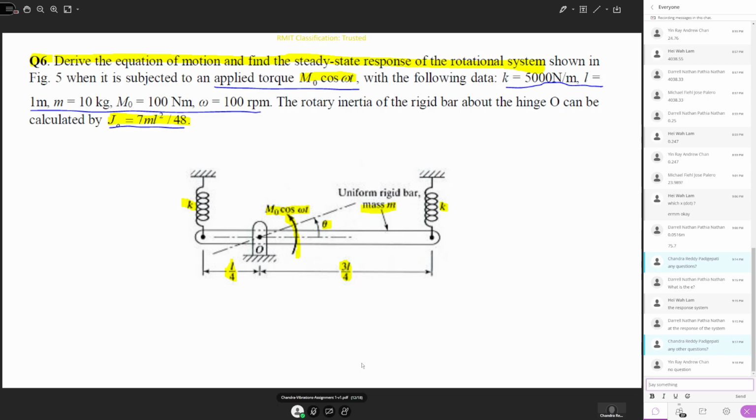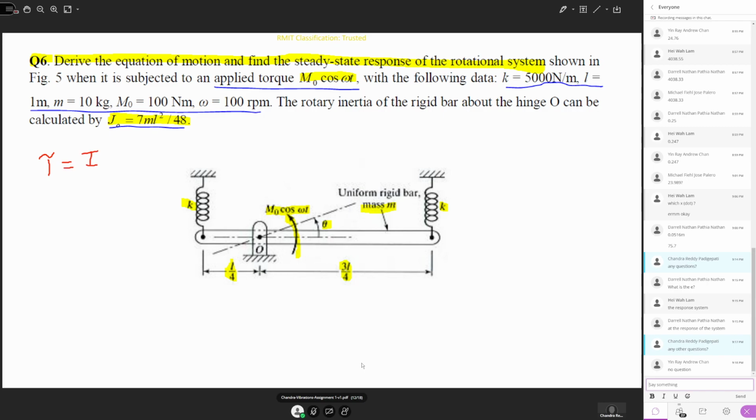The inertia through the hinge is given. So what is the net torque acting on the system? Generally we apply Newton's law: the net force acting on the system is equivalent to mass times acceleration. In this case, the net torque acting on the system, you can write as I into alpha.